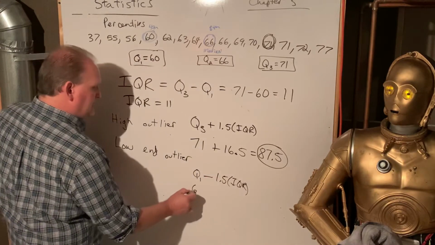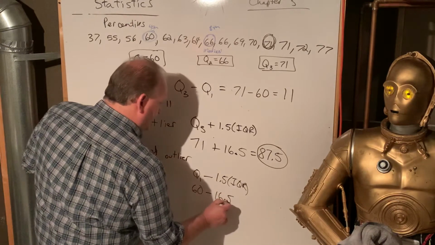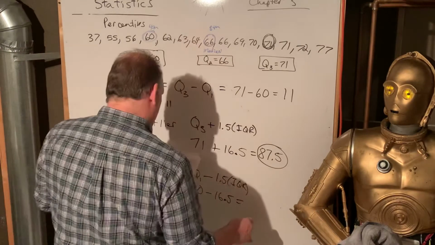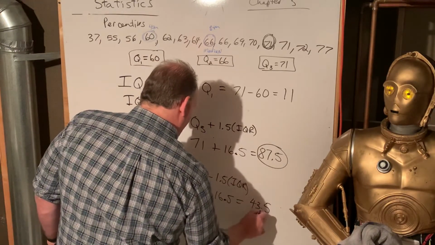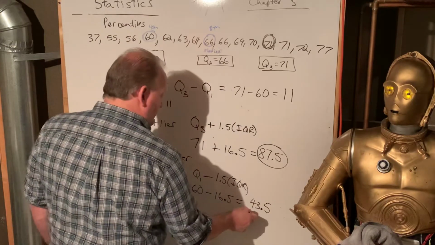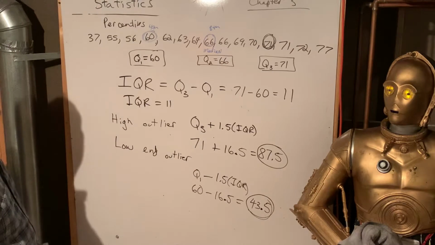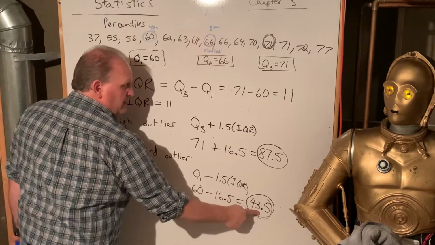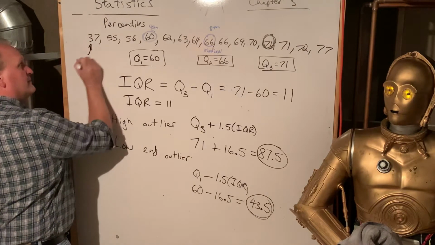We got 60 minus 16.5, and so that's 43.5. So anything lower than 43.5 is considered a mathematical outlier on the low end. And lo and behold, look at that. 37 is below 43.5. So this is an outlier.